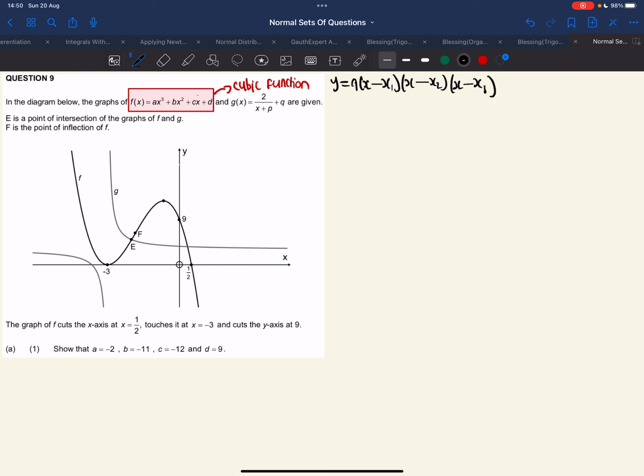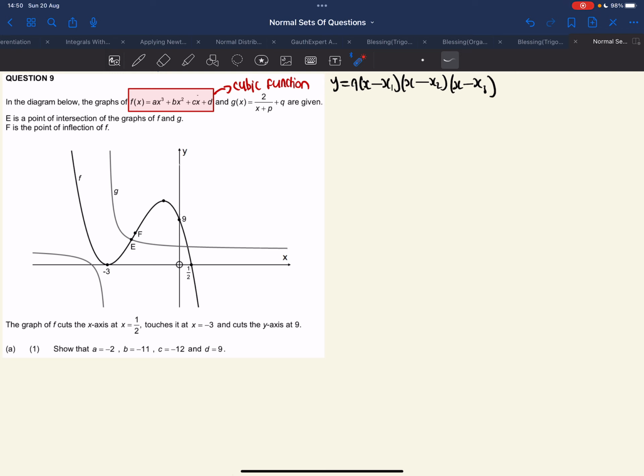Now, what I want you to look at here: can you see that the cubic function only cuts the x-axis twice? If it cuts the x-axis 3 times, then that will be valid. But we can rearrange this formula so that we can make it valid for when it only cuts the x-axis twice.